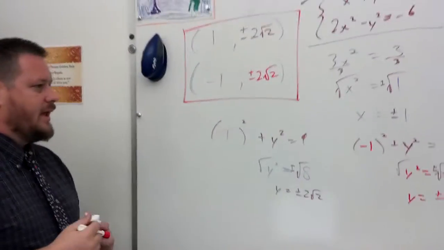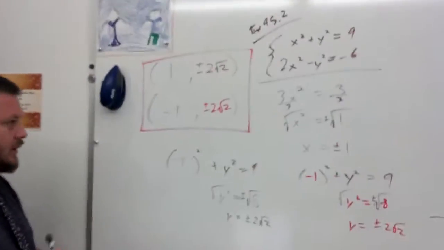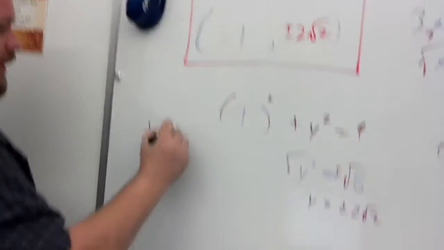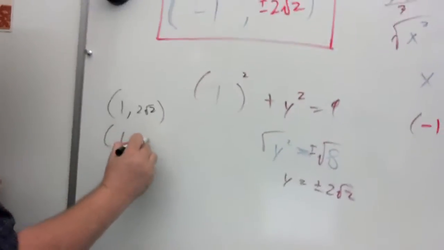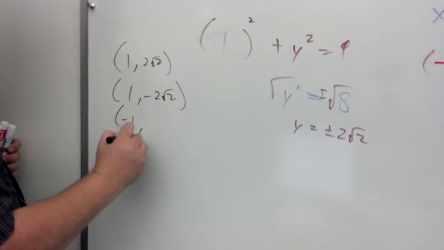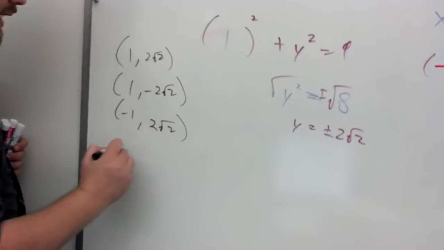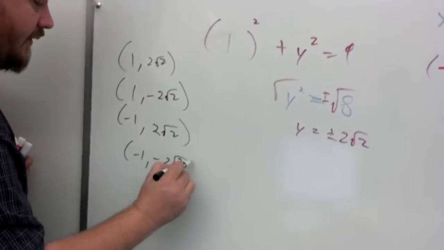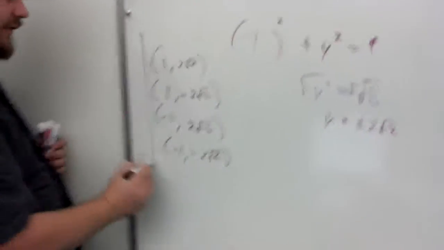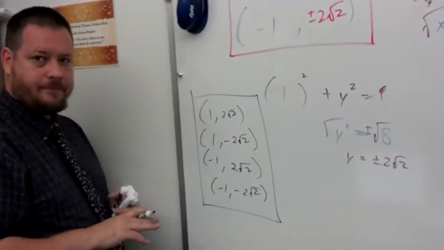If you want to write all 4 of them out, you may. You don't have to, but I could do this, and this, and this, and this. This would also be an acceptable answer.